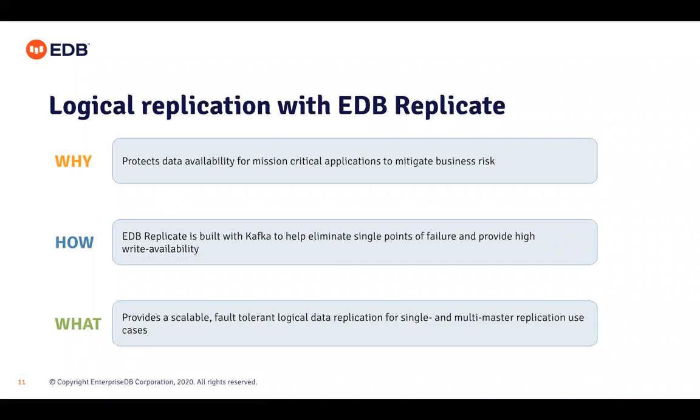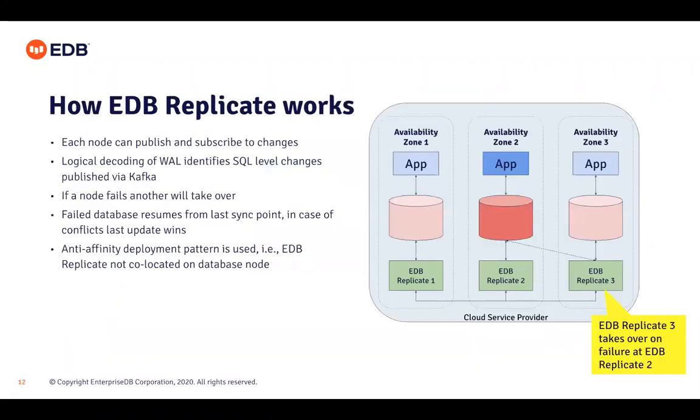So with that, I wanted to dive in a little bit more detail in terms of how EDB Replicate works. As an example here, I'm showing a simplified architecture of how you might deploy these components, right?